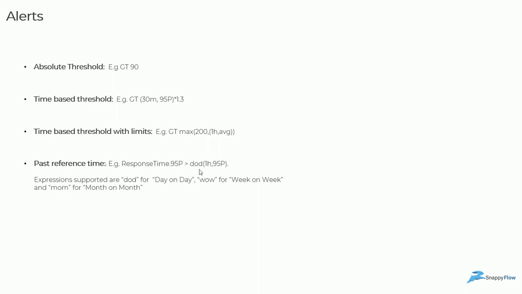This is an example of a day-on-day alert where we are comparing the 95th percentile of a metric called response time with the 95th percentile of the same metric calculated over the 1 hour period exactly 1 day back. Like day on day, week on week, and month on month alerts are also supported.